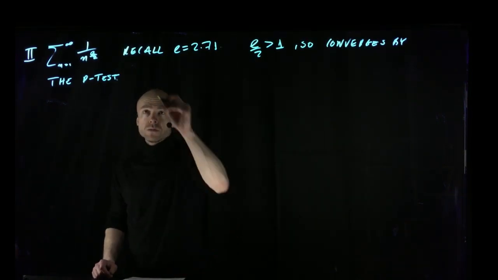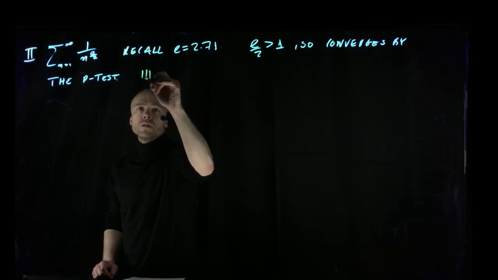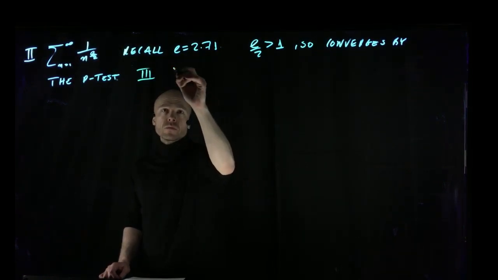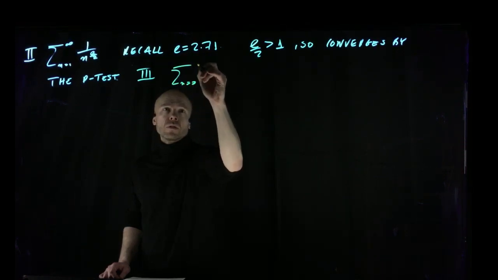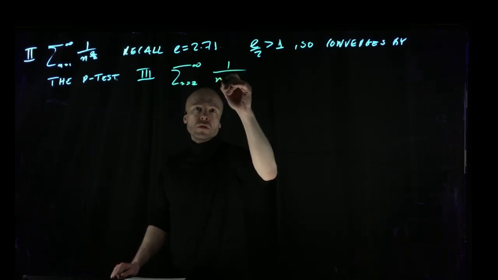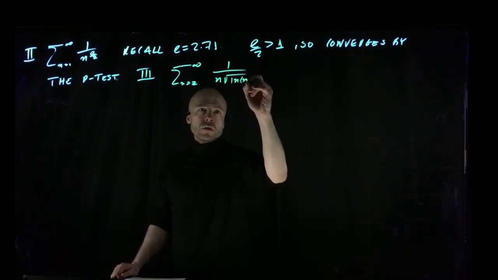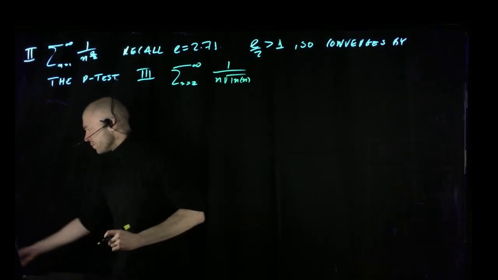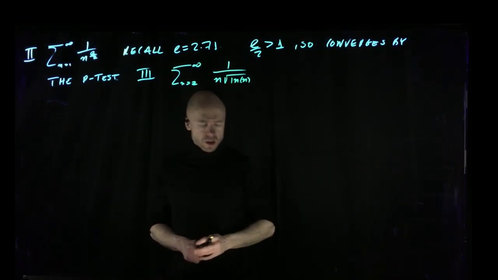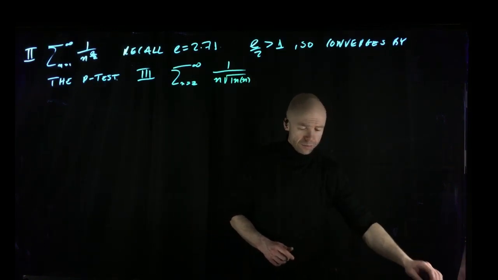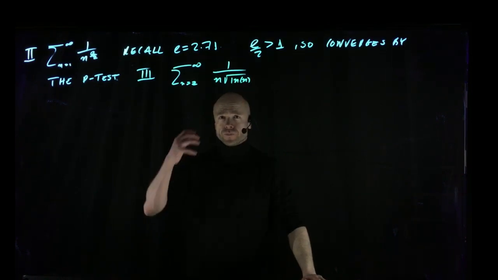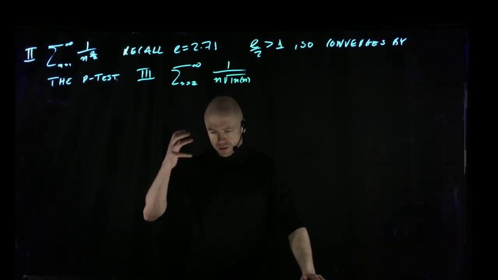Let's do this one. This is 3. Okay, this guy is a little bit harder. You remember when we were talking about series and the section on strategy of series, I told you that this is a little bit analogous to integrals.